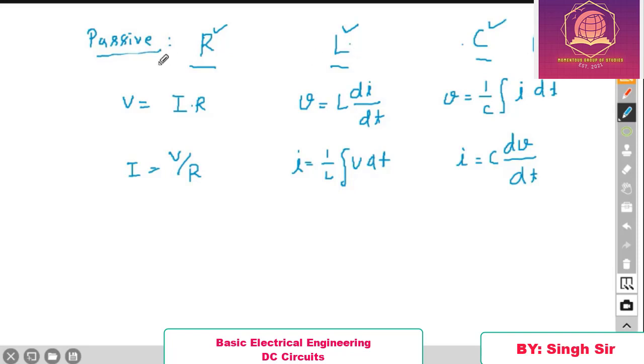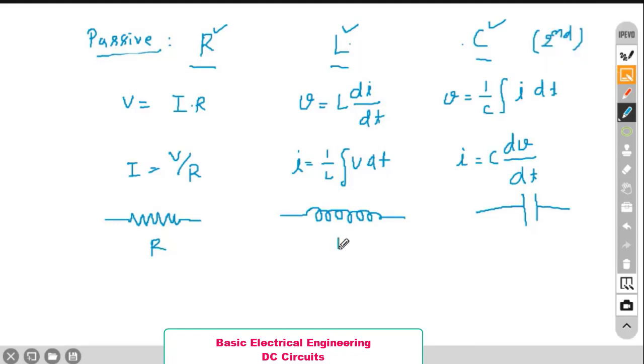If you don't know their symbols, let me give them to you. The symbol of resistance is shown like this. The symbolic representation of inductance is this, and that of capacitance is this. So this is your resistance, this is your inductance, and this is your capacitance.